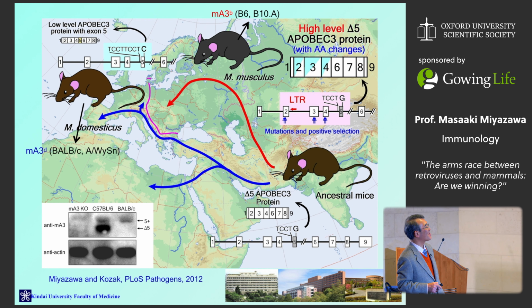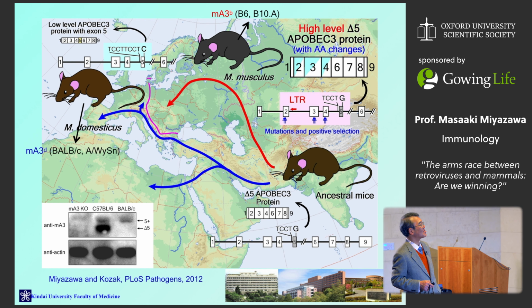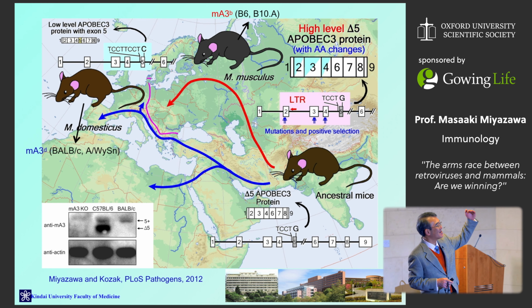The acquisition of the endogenous retroviral LTR within the ApoBec3 gene induced much higher transcription of the already efficiently transcribed messenger RNA. So this acquisition of LTR, endogenous retrovirus, caused the expression of the restriction factor protein to be much higher.